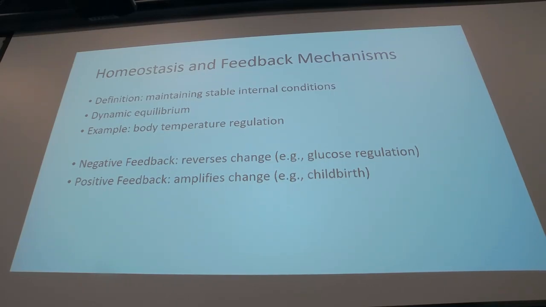So that's a positive feedback. So you want more of that change. You start with a minimum response and then you end up with a large response in positive feedback. And in negative feedback, you start with a large response and then you minimize that response.